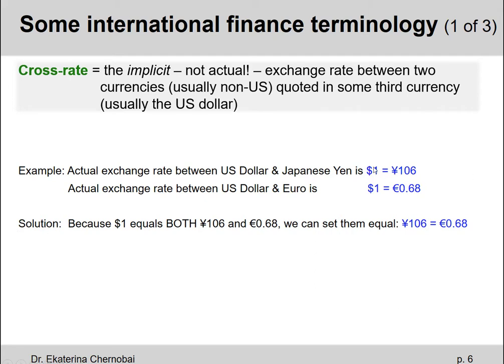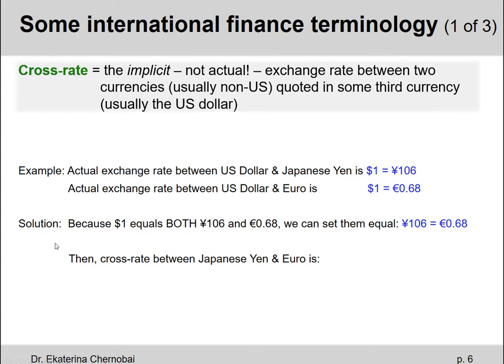First, because the way the two exchange rates are given allows us to say that 106 Japanese yen equal 0.68 of a euro, because both amounts equal $1, we can set the euro amount and the yen amount equal to each other. So we write 106 Japanese yen equals 0.68 of a euro.